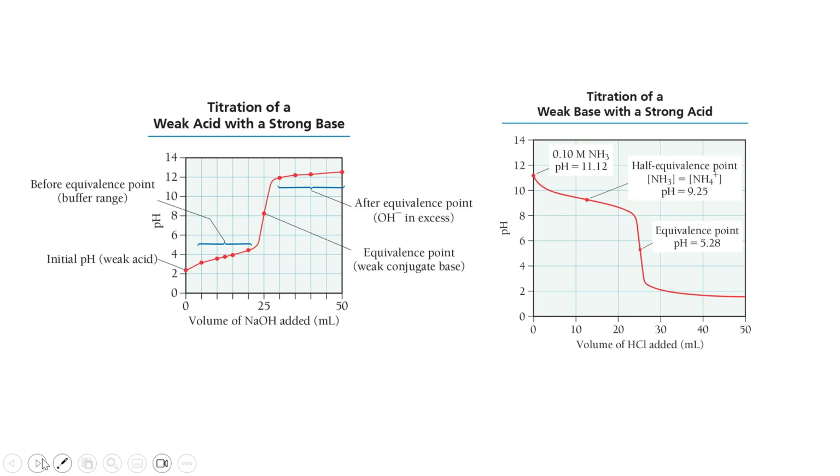It doesn't make sense for the ACS exam to make you go through an entire ICE table calculation for a titration. They might ask you to do that. I hope they don't. But, to me, a reasonable titration question that's going to last you a minute 20 seconds is really more like analysis of a titration curve, right? Kind of like how I'm analyzing it here. Think about it like that. Okay.